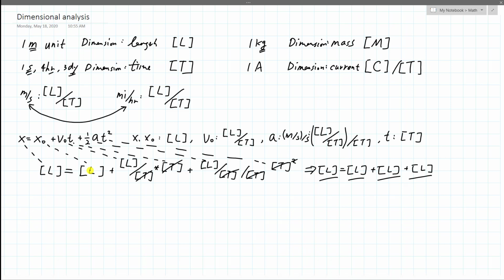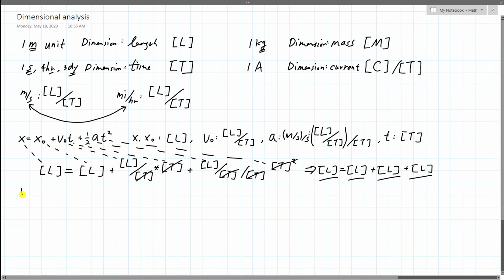Okay, so let's have another example. V squared minus v0 squared equals 2at. So we're making the same exact assumptions of dimensionality as the previous question. So V would be the same as v0's dimensionality, length over time.